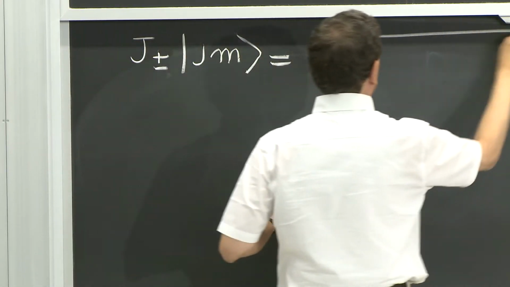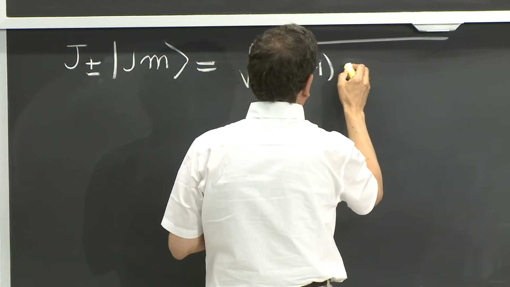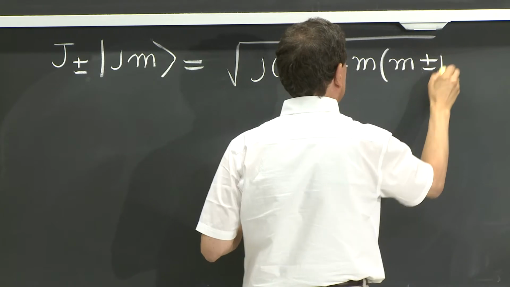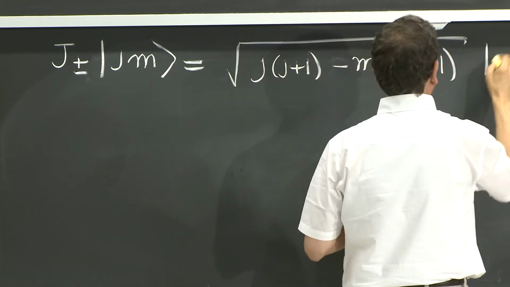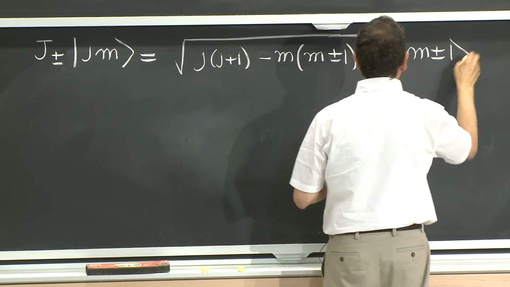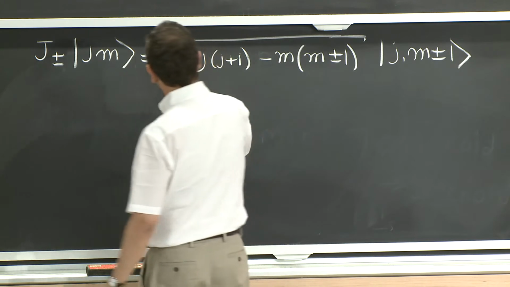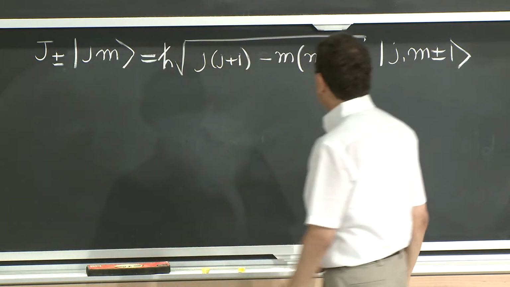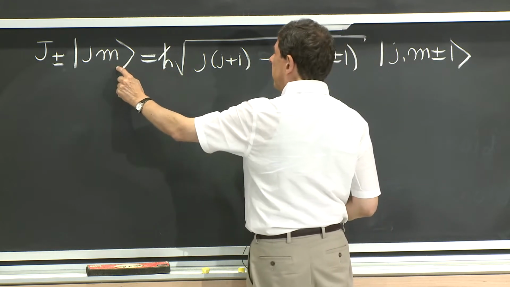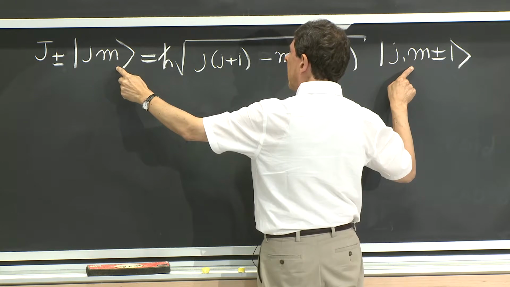And this is the square root of J times J plus 1 minus m times m plus or minus 1 on J, m plus or minus 1. And there's an h bar here. So this is how the raising or lowering operators on angular momentum acted. We've seen this formula some time ago.